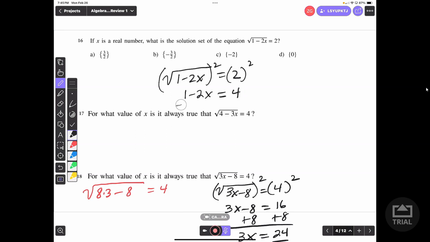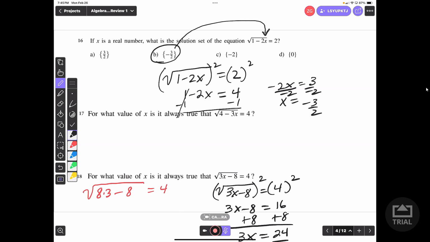At this point, you want to subtract 1. Negative 2x, a lot of people forget that negative, is equal to 3. So for x, you have to divide next. Divide by negative 2. So your answer is negative 3 over 2. So your answer is B. Remember to go into the calculator and substitute and check.